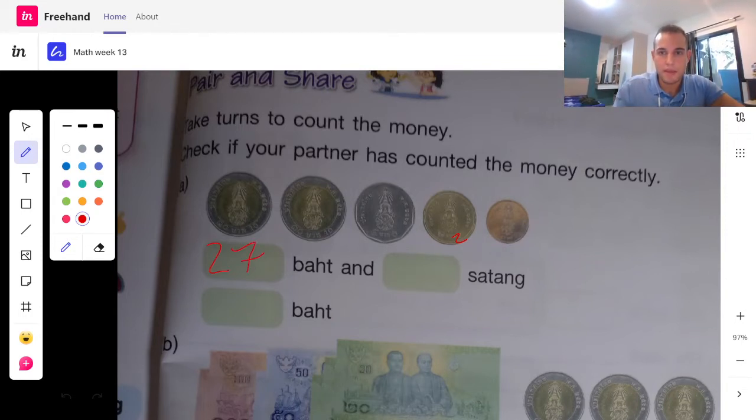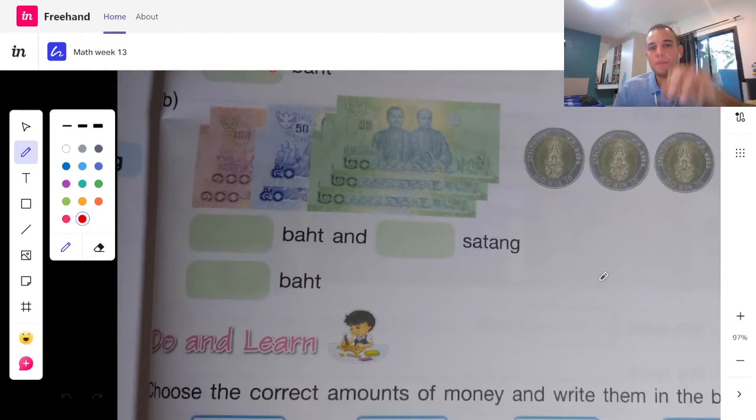And this is how many satang? That looks like the 25 satang. So we're going to say 25 satang. And how do we write it? We're going to write it like this. 27.25. Okay, 27 baht and 25 satang.